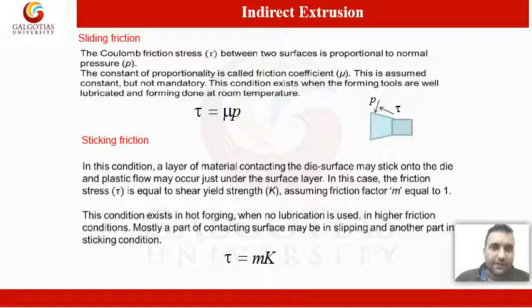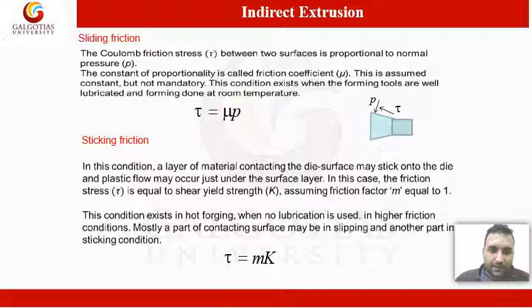The sliding friction is called Coulomb friction. The shear stress tau between the two surfaces is proportional to the normal pressure p, so tau is equal to mu times p. The sticking friction is tau equal to m times k, where k is the shear yield strength, and assuming the friction factor m is equal to 1.